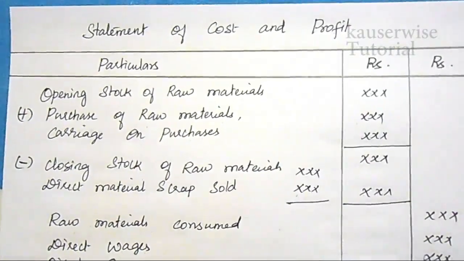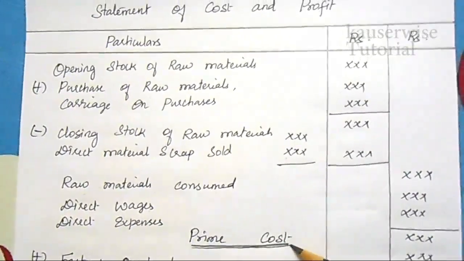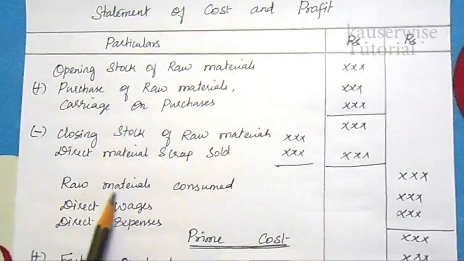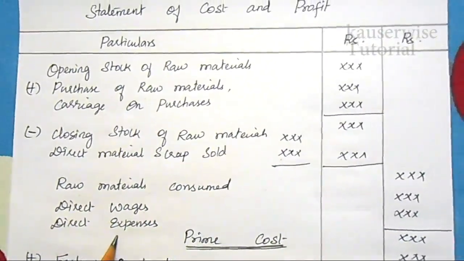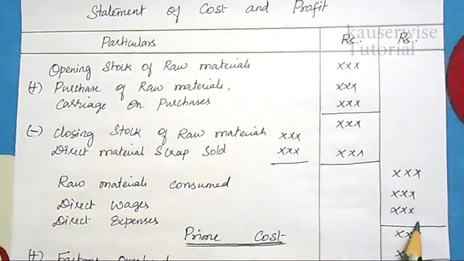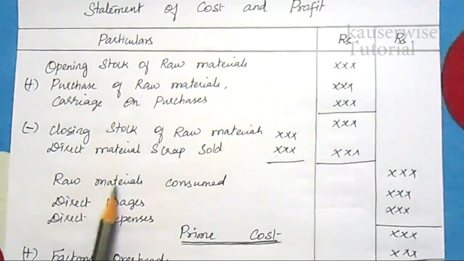First step is we need to find prime cost. The prime cost consists of three things: direct material, direct wages, and direct expenses. These are the three important things which make up prime cost. So first thing, raw material consumed.